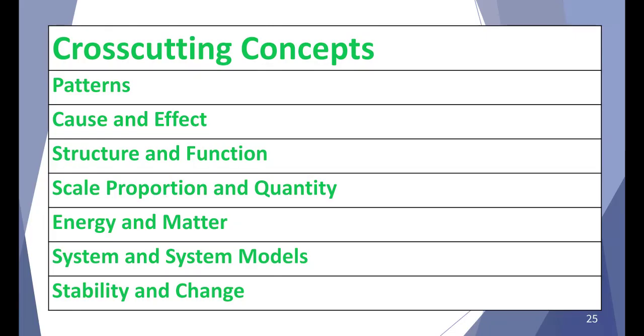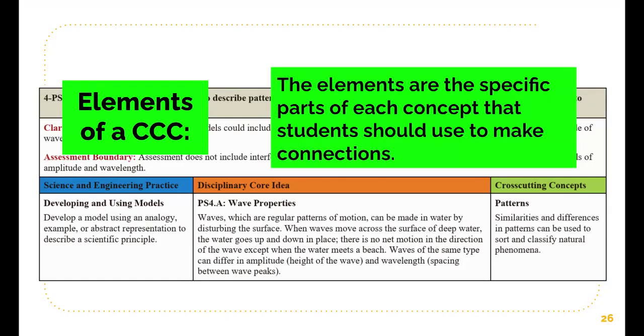And lastly, the cross-cutting concepts are those big unifying themes that are throughout all science ideas. And so we're going to look at one of these in our example, but you can see that they're big, huge concepts that we can probably describe in lots of different science areas. And so this is always the green column in your standards document, the cross-cutting concepts. In this particular example, we're going to look at patterns.